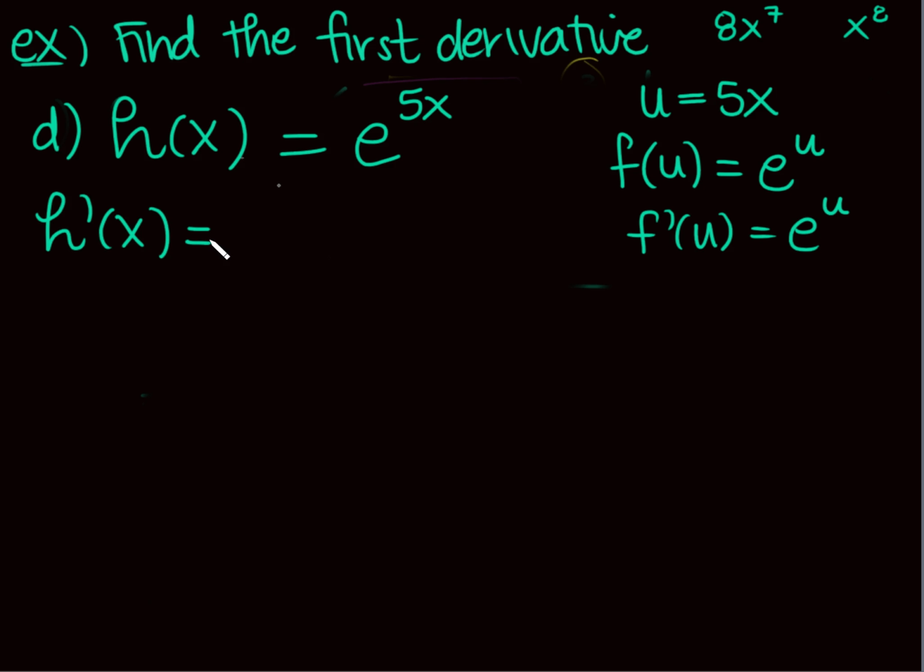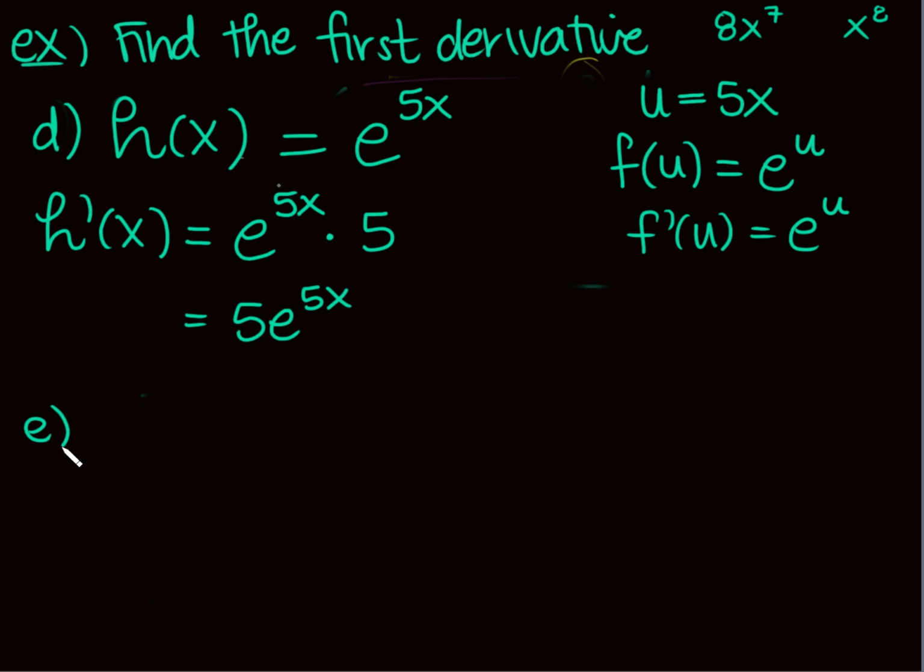The way I remember this with e is I just rewrite it. That's the derivative of the outside, and then I multiply by the derivative of the exponent. So there's the derivative of my outside function, and this is the derivative of my inside function. So my final answer is just 5e to the 5x.